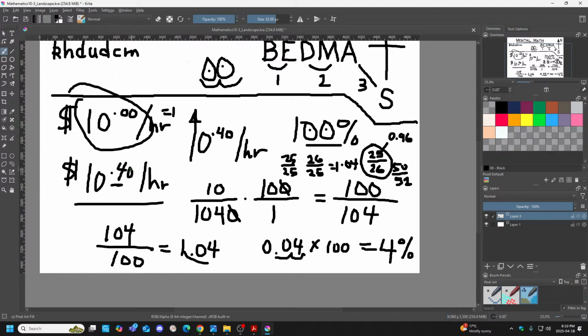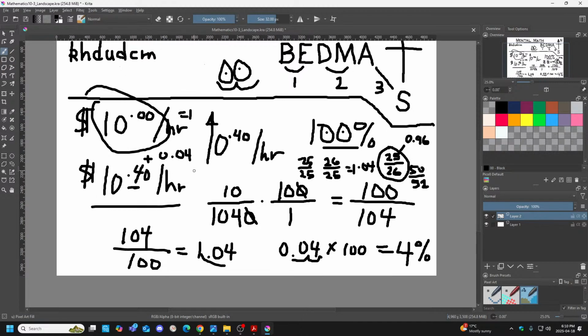The percentage increase is plus 0.04. Okay, I hope that kind of makes sense. I know that was a lot, guys. But really, the main thing is to get that 4, right? You have to realize it's an increase above 1.